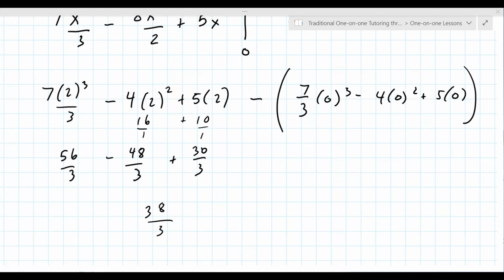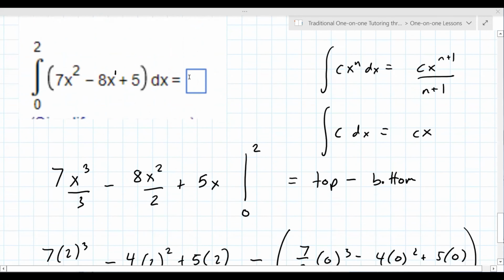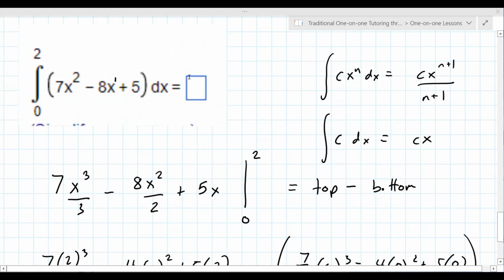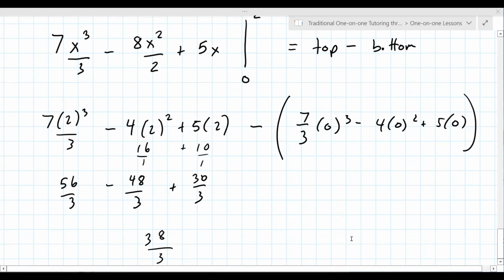But let me just quickly check that this is actually what it's supposed to be. That way I can confirm it here. All right, integral 7x squared minus 8x plus 5. Yeah, that's correct. Okay.